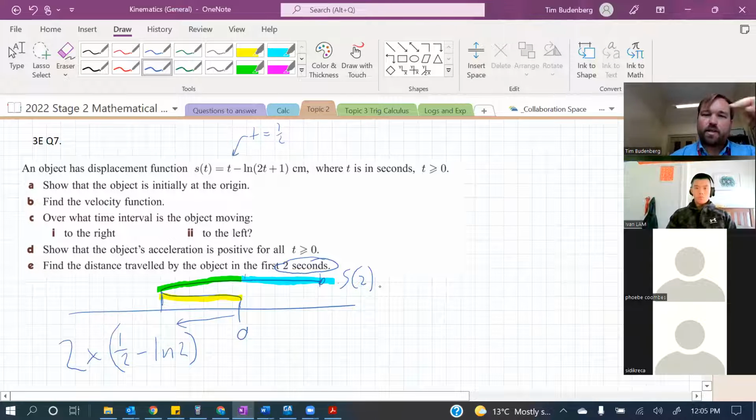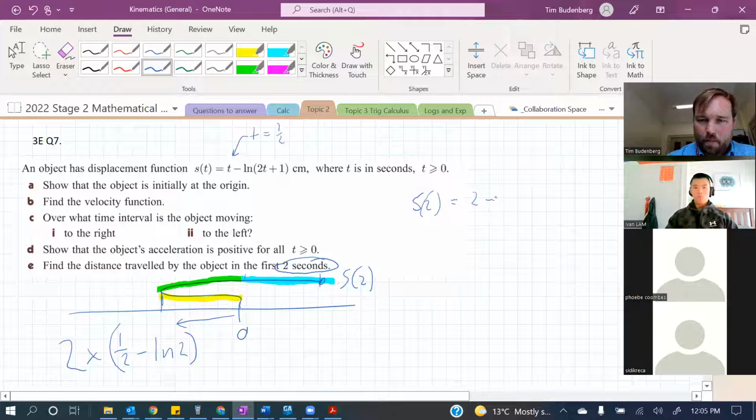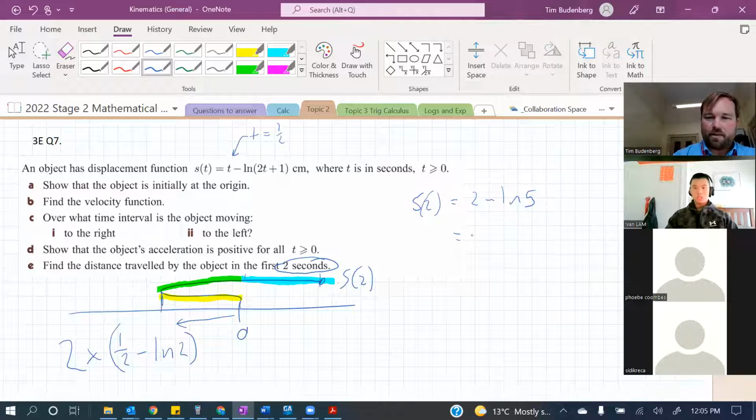So when we put 2 into the displacement graph, it tells us where it is after 2 seconds. So we put in s of 2, which is 2 minus ln 5. But that's just displacement. That's its displacement, which was about 0.39.